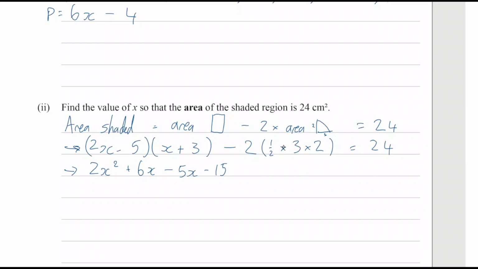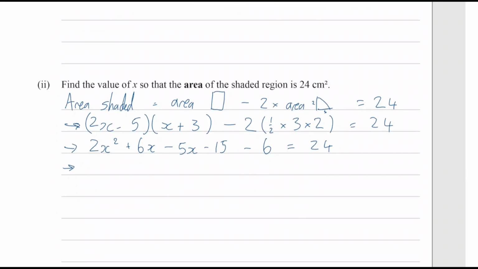And then negative 2 times 3 gives us negative 6. We can group like terms. So 2x squared, no other x squared terms, so that's that. 6x minus 5x, that's just 1x. Minus 15 minus 6, that's minus 21. All equals 24.